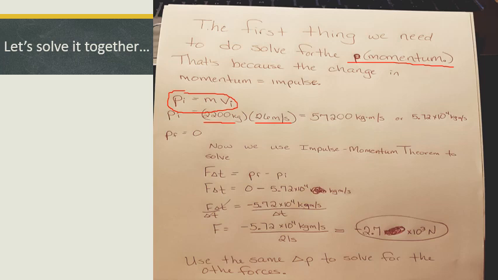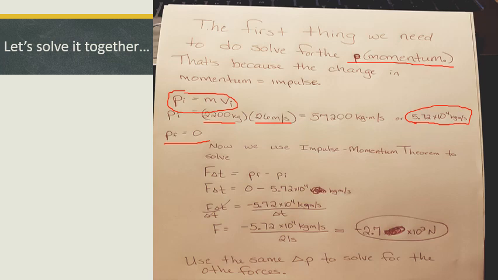But let's write that as 5.72 times 10 to the 4th kilogram meters per second. So that's what I'm going to use. And it's in a positive direction. Now, the final momentum is 0 because it doesn't matter your mass if your velocity is 0. Correct? Correct.